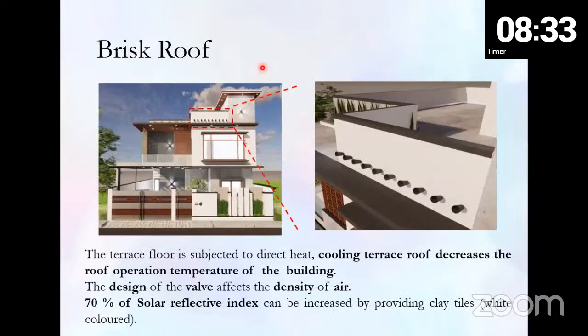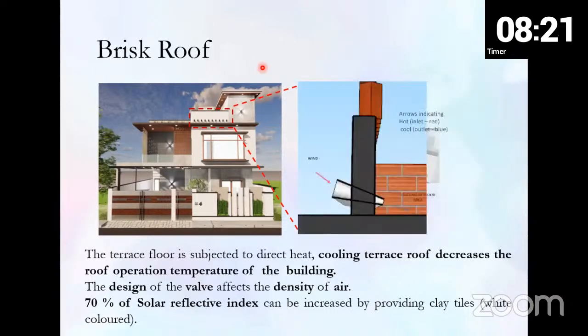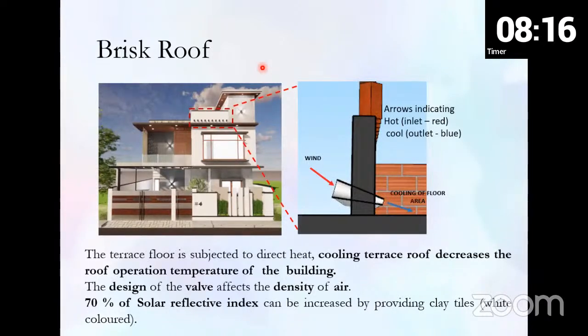The next is concentrating on the roof side. By using white clay tiles on the surface of the roof, we can reduce 70% of the heat conductivity. Along with that, we have used Bernoulli's principle, with a wide opening outside and a very small diameter inside.